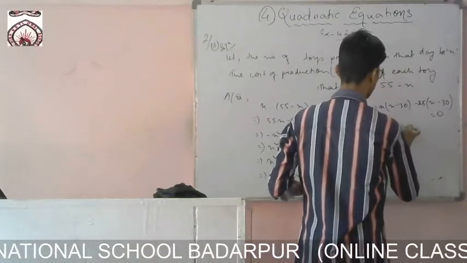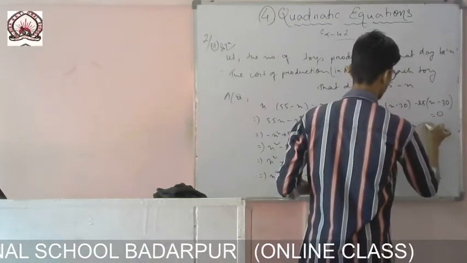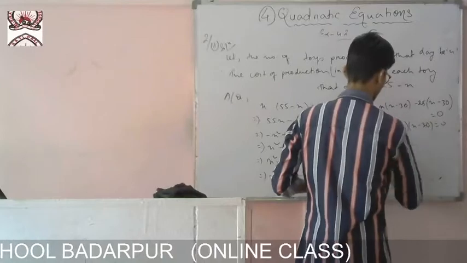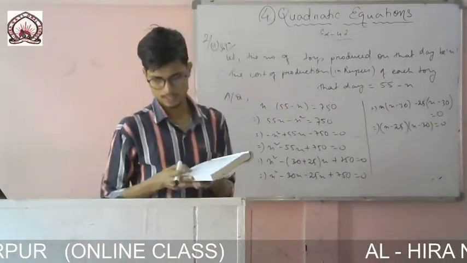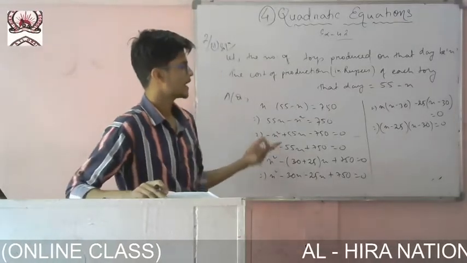So the answer will be x minus 25 and x minus 30 equals 0. That is, the value of x is 25 and 30.